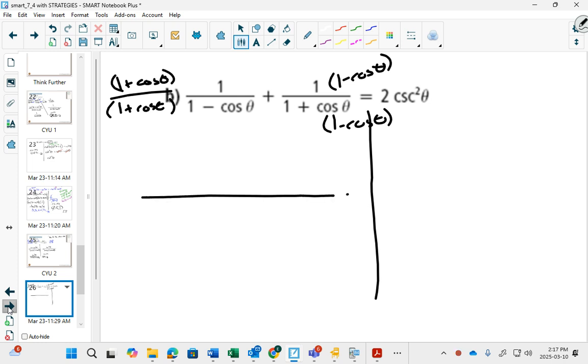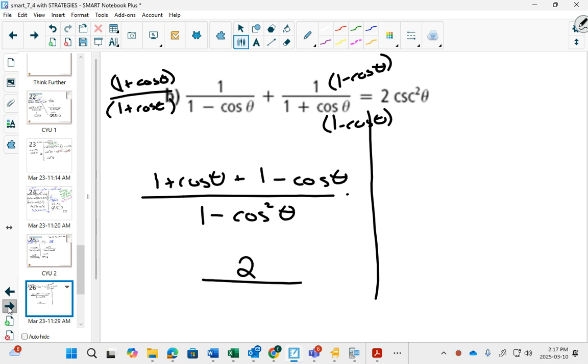That makes a difference of squares, because those are conjugates on the bottom. My bottom is going to be 1 minus cos squared theta. And on the top, I would have 1 plus cos theta plus 1 minus cos theta, which nicely comes out to a 2 on the top.